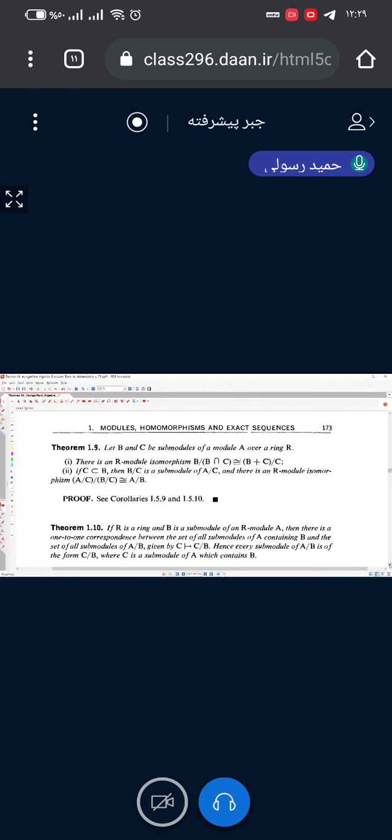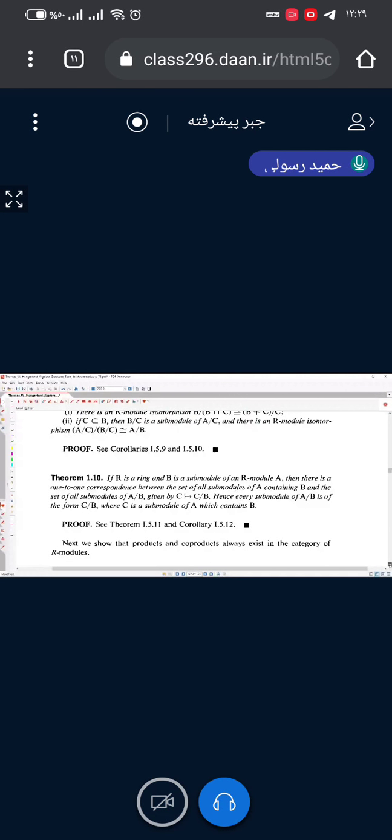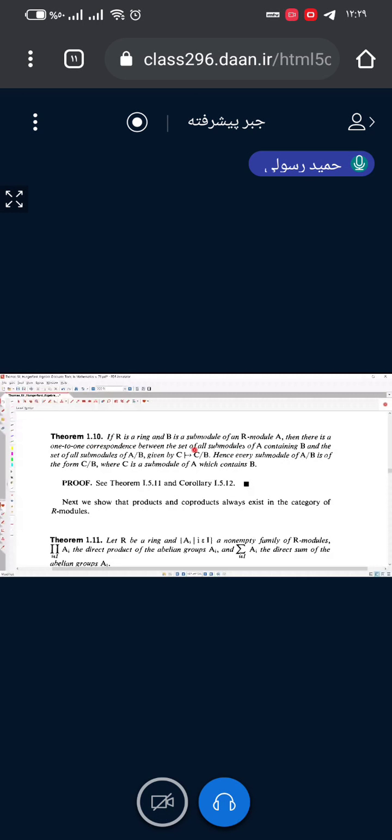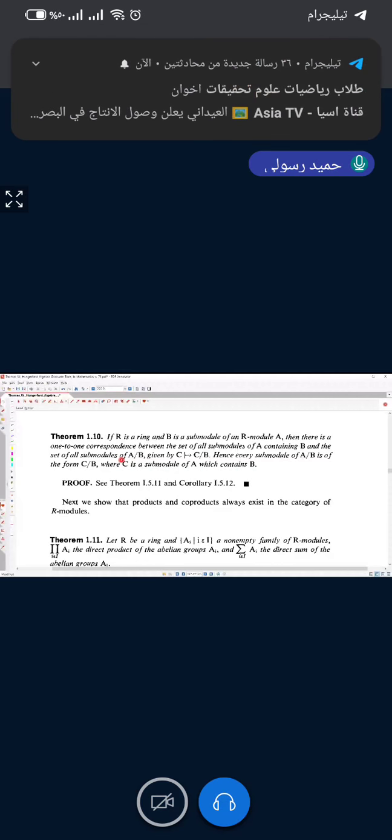The next theorem states that if R is a ring and B is a submodule of an R-module A, then there is a one-to-one correspondence between the set of all submodules of A containing B and the set of all submodules of A/B given by C maps to C/B.